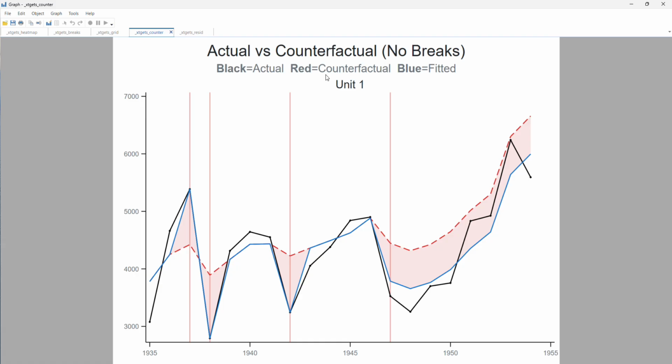The difference with the counterfactual is that if there is no break, the graph should move like this rather than dip. So there's a huge break. This year had led to a huge dip in the dependent variable. This year had led to a significant increase in the dependent variable. Similarly here, huge dip, huge dip.